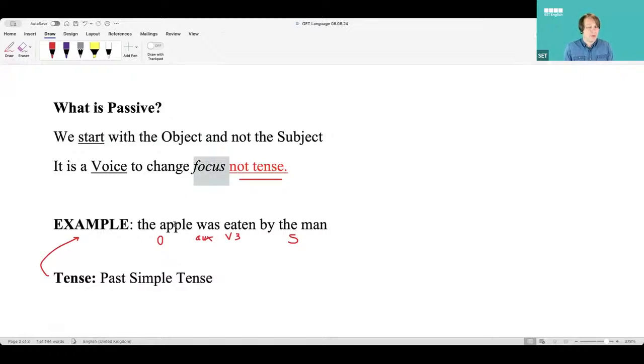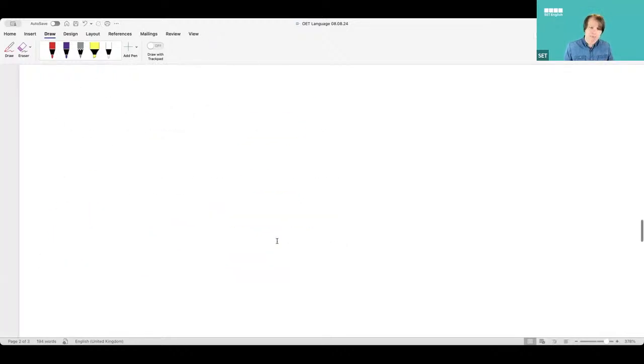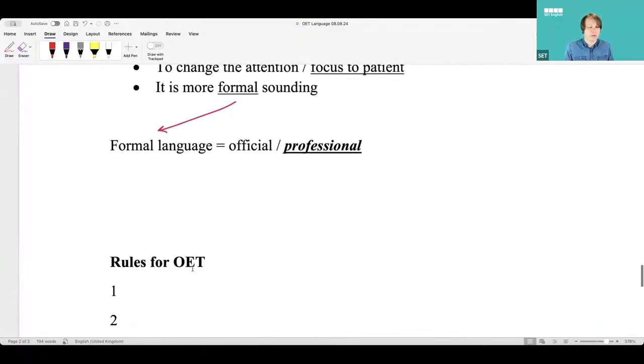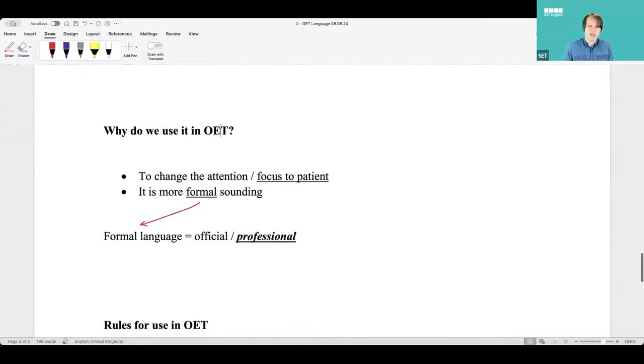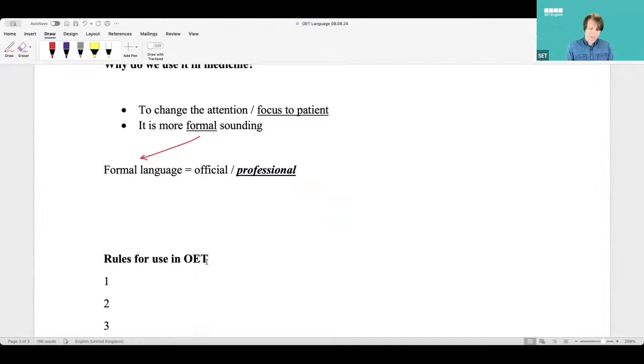Easy example: the apple was eaten by the man. Now, in OET, I want to give you some rules for use.